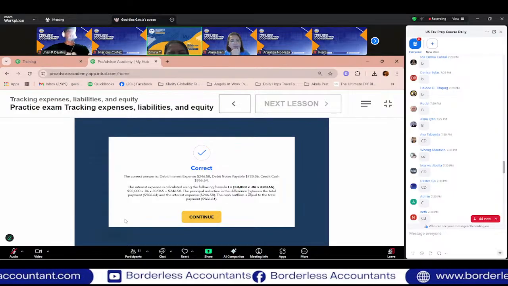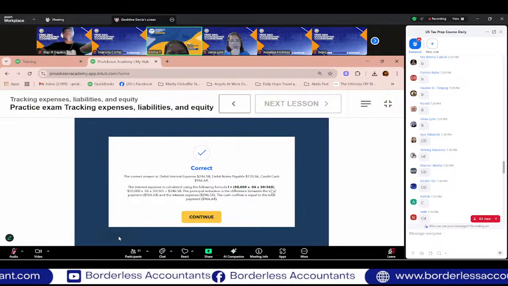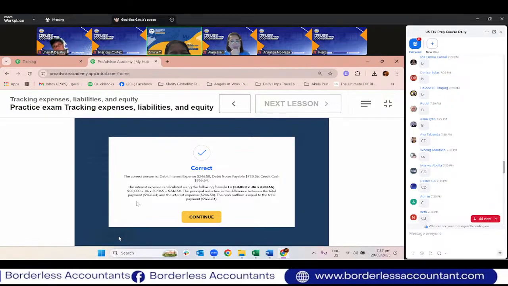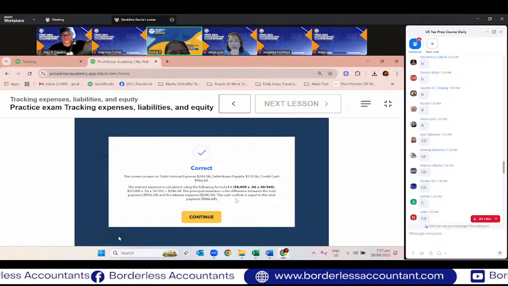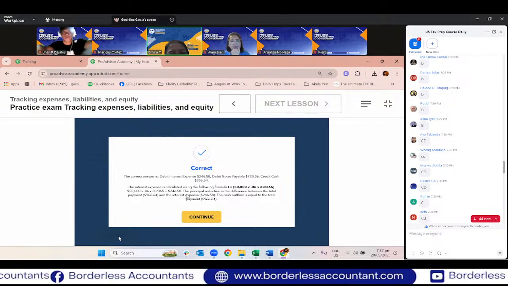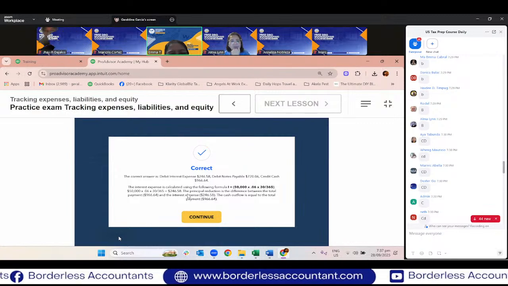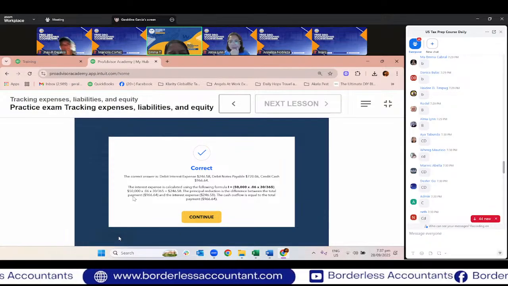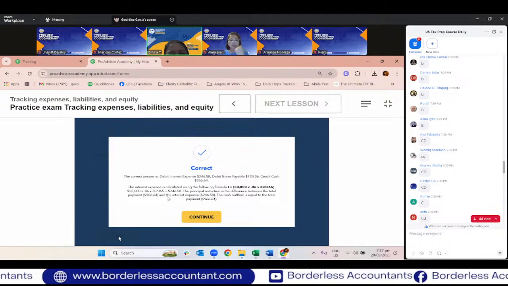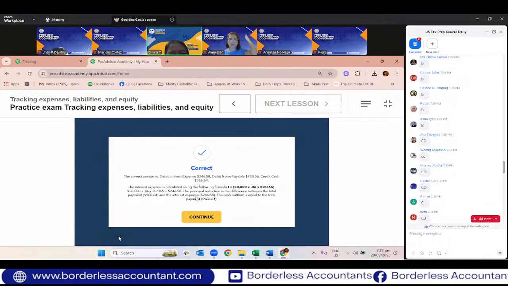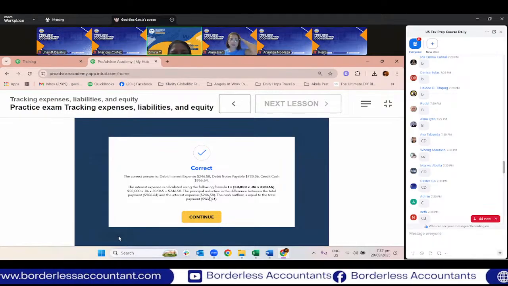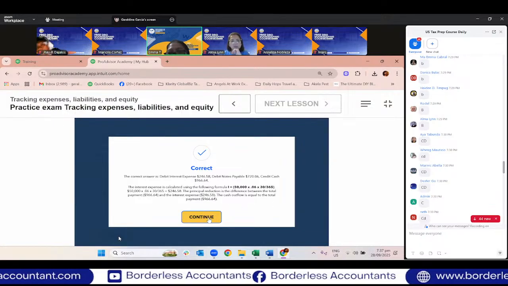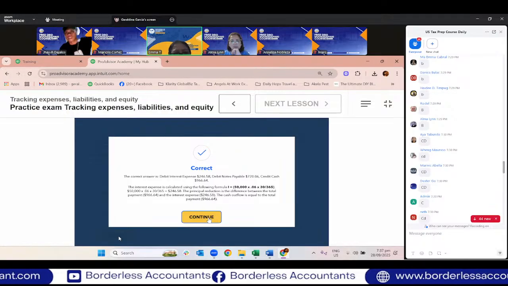Interest equals 50,000 times 6% interest times 30 days over 365 days, which is 246.58. The principal reduction is the difference between the total payment of 966.64 and the interest expense of 246.58. The cash outflow is equal to the total payment of 966.64. Let's continue, gang.